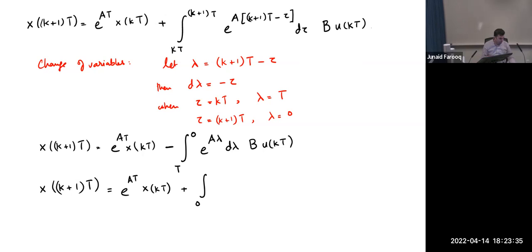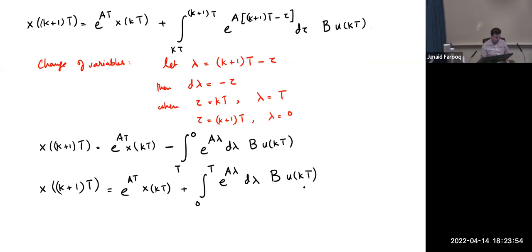So it becomes the integral from 0 to capital T of e^(A lambda) d lambda B u(kT).